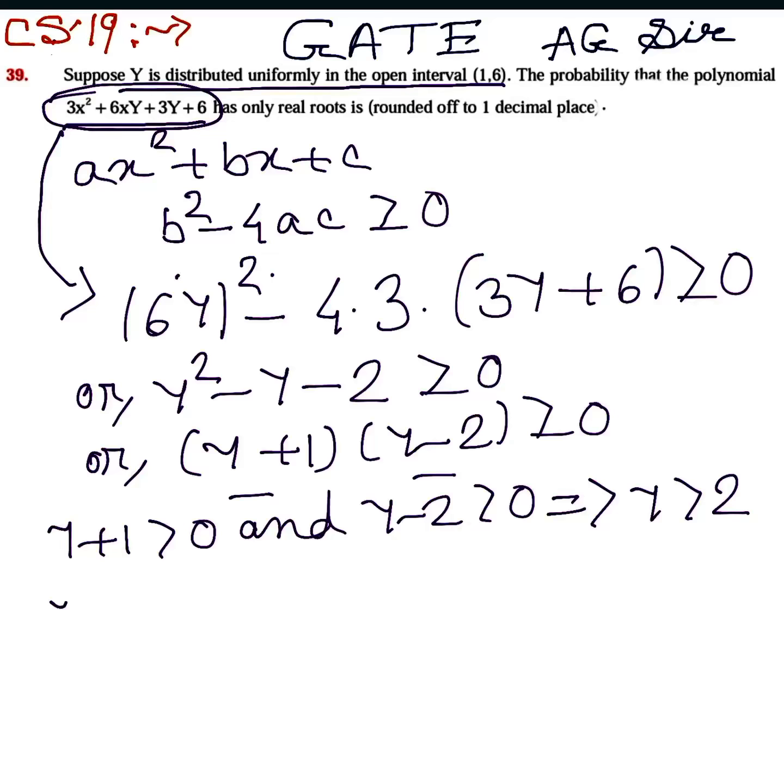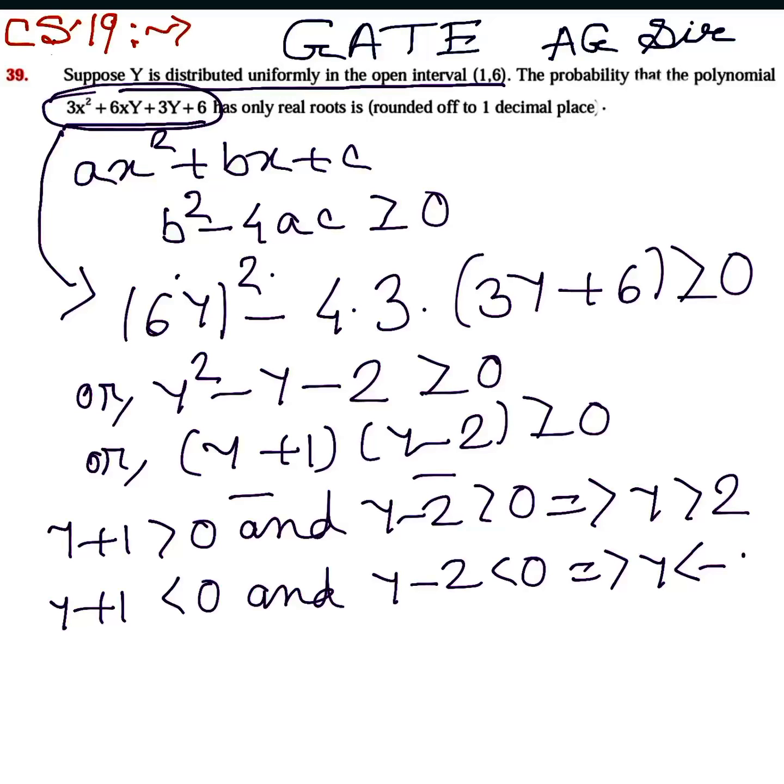Again, y plus 1 less than 0 and y minus 2 less than 0 simultaneously give us y less than negative 1. So we can have these two cases: either y is greater than 2 or y is less than negative 1.